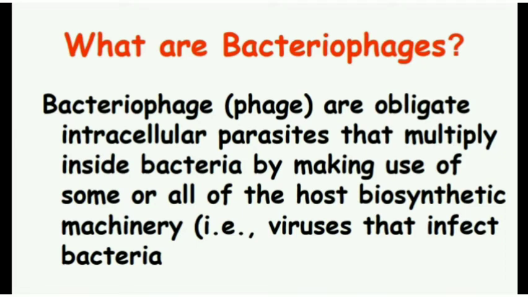Bacteriophages or phages are obligate intracellular parasites that multiply inside bacteria by making use of some or all of the host biosynthetic machinery, that is, viruses that infect bacteria simply. And what are obligate parasites? Obligate parasites need a host to complete their life cycle.